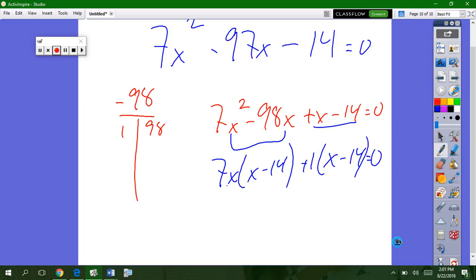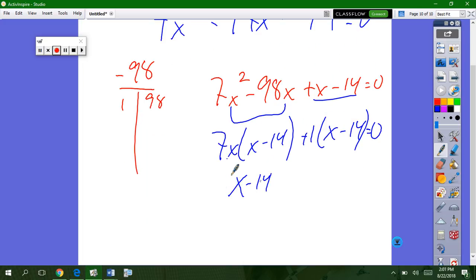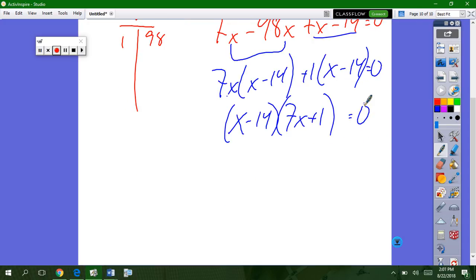So then I get to how a binomial, two of them, when they're multiplied, because there's a binomial times a binomial, equals 0, when one of them or the other is equal to 0.